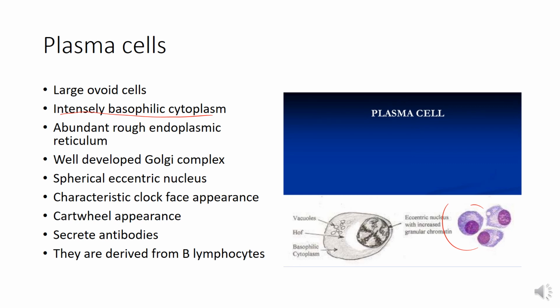So these are the protein secreting cells, and they have got a spherical eccentric nucleus, and the nucleus has the typical cartwheel or cogwheel appearance, and they secrete antibodies, and they are derived from the B lymphocytes.